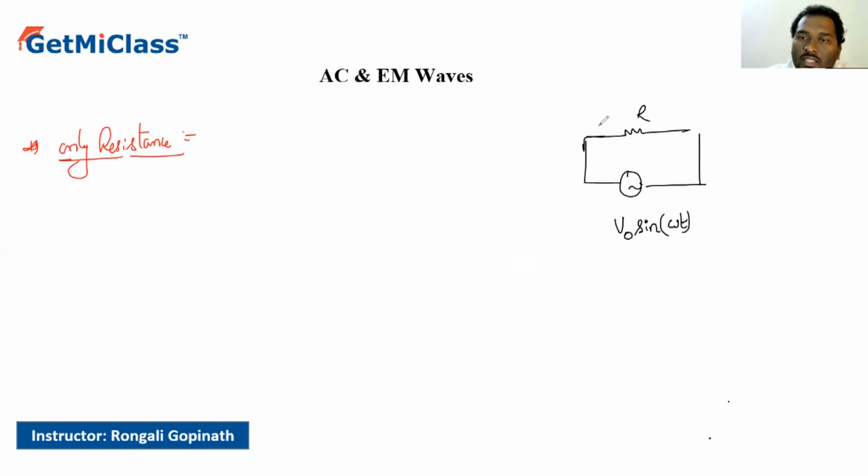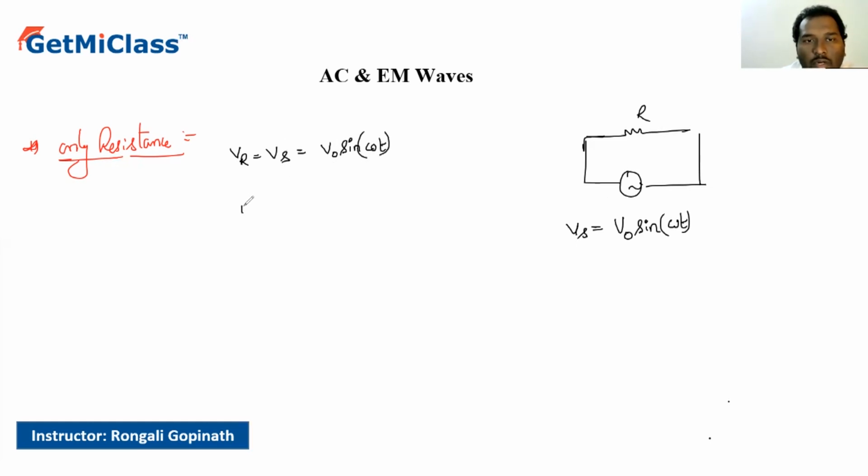Before we get into this, we have to understand how this resistor will behave when a voltage is applied. Can I say the voltage across the resistor is nothing but the source voltage Vs? Because the resistor and the voltage source are in parallel connection. So VR is nothing but V naught sine of omega t.